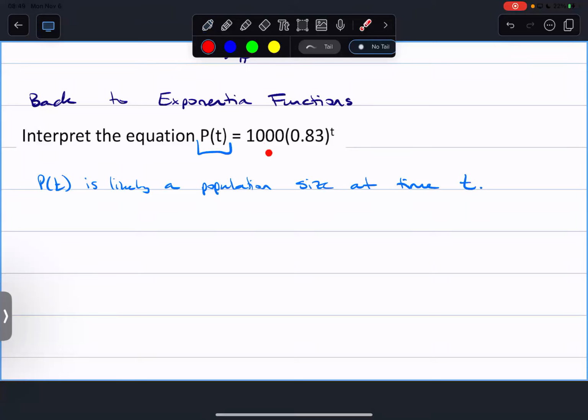We know that whatever value is up front, so our a, remember from our generic f of x is a times b to the power of x, a is the starting value, which means that P of 0 is 1,000, right? That's the initial value.